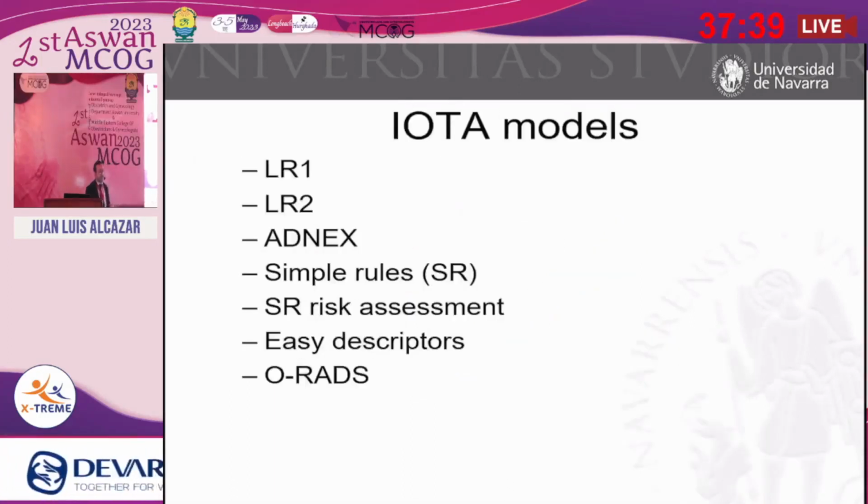And in 2005, the IOTA group, which is an international group focused on the differential diagnosis of adnexal masses using ultrasound, started to develop several different approaches for such a diagnosis, like logistic models, LR2, LR1, the ADNEX models, the simple rule classification system, the easy descriptors, and lately the O-RADS classification. I'm going to focus on some of them.